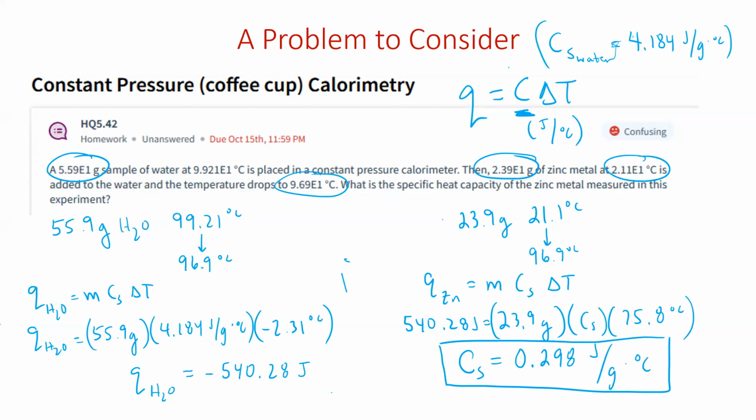A case where we would be looking for the Q of the zinc would be if we have this temperature change and this specific heat for this mass of zinc: how much energy did that zinc absorb? In this case, it's hard to think of this as just solving for the Q of the zinc. It would be a little bit different question, and we'd have a little bit different information given to us. All right, any other questions on 42?